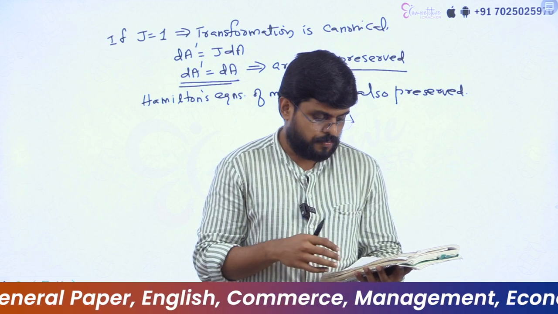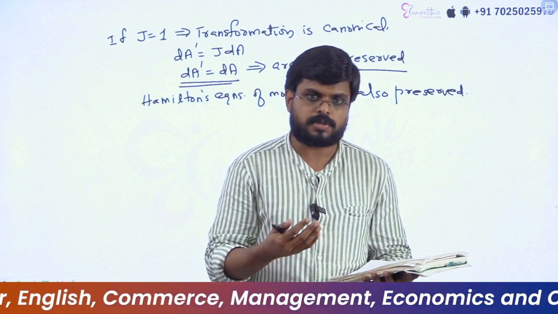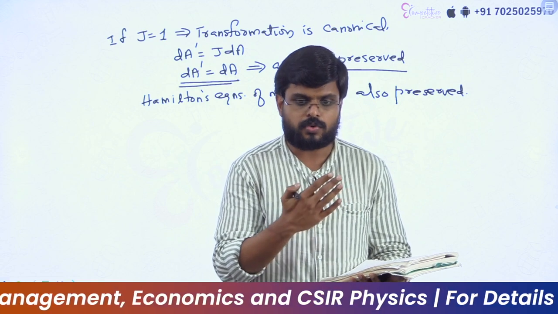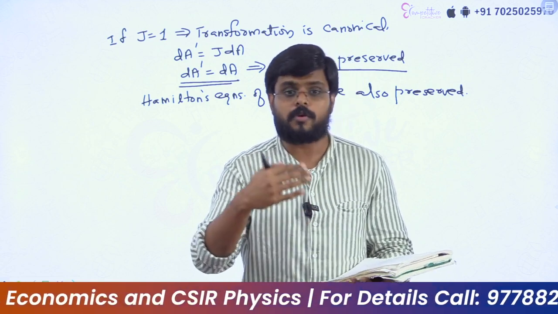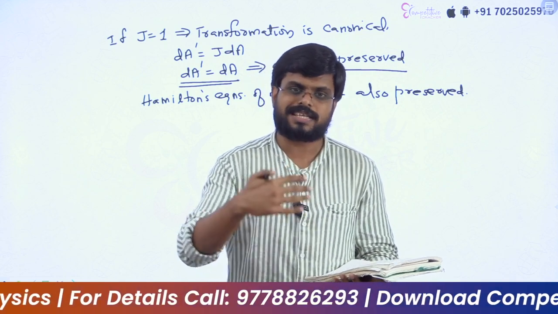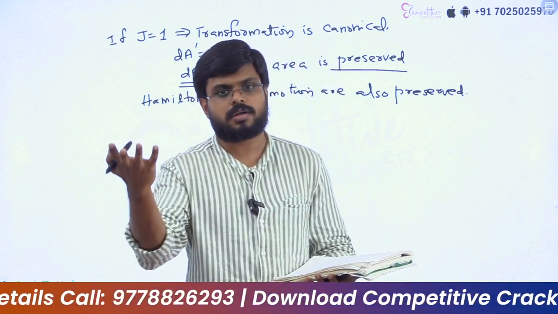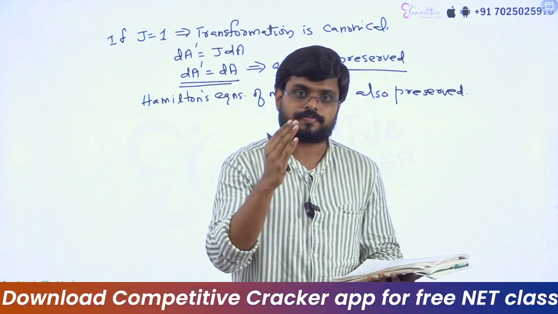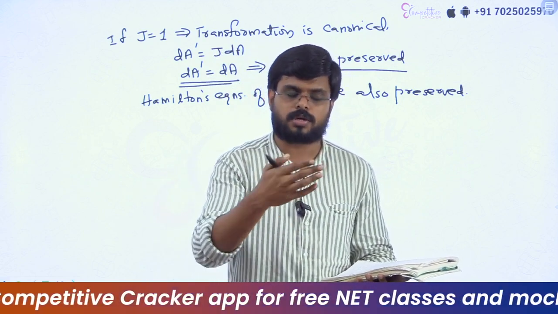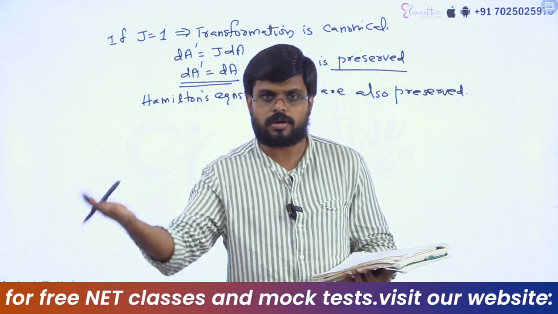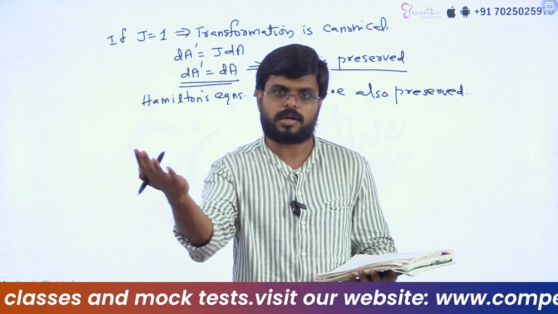Okay. So based on this canonical transformation, you will have to find out the form of a new Hamiltonian from the old Hamiltonian also. That is another application of this canonical transformation. While studying Hamilton's equations of motion or Hamiltonian dynamics, we have seen how the new Hamiltonian and old Hamiltonian are related.